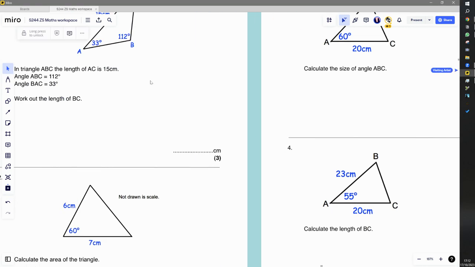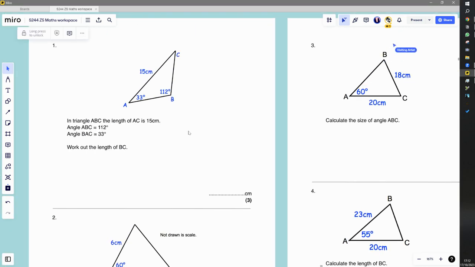Okay, if we look at question 1, we've got sine 33. We're trying to work out BC there, which is this length here, and that's opposite 33.